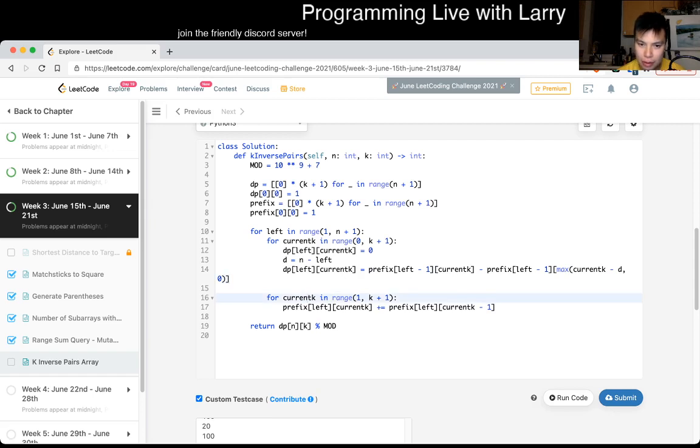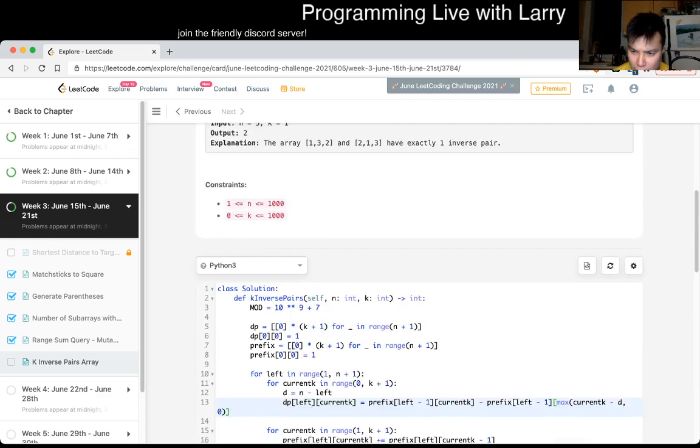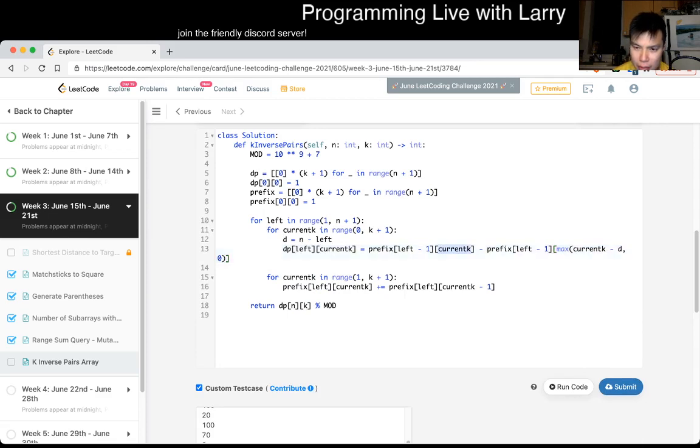The prefix for, okay, let's just say we do for 1, right? Don't need this. So okay, if left is 1, and k is 1, then this would be 0 1, which is 0, which is very awkward.